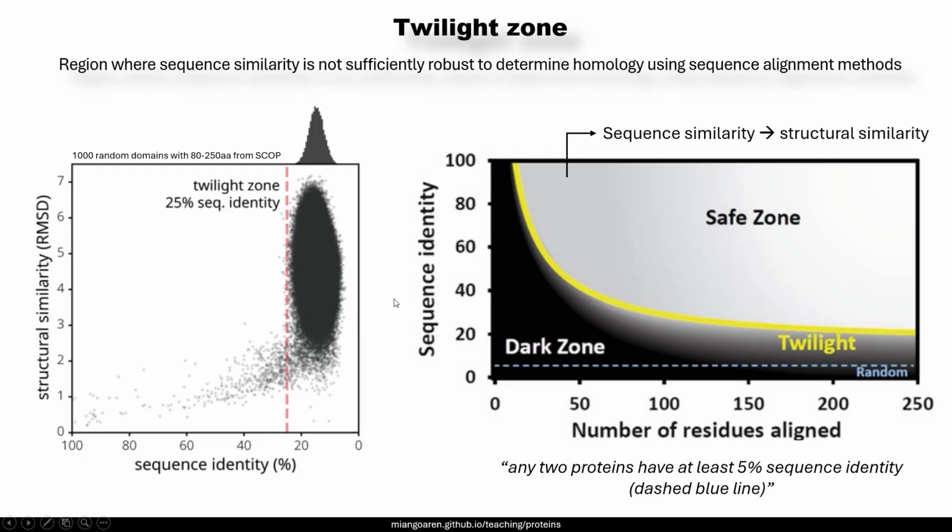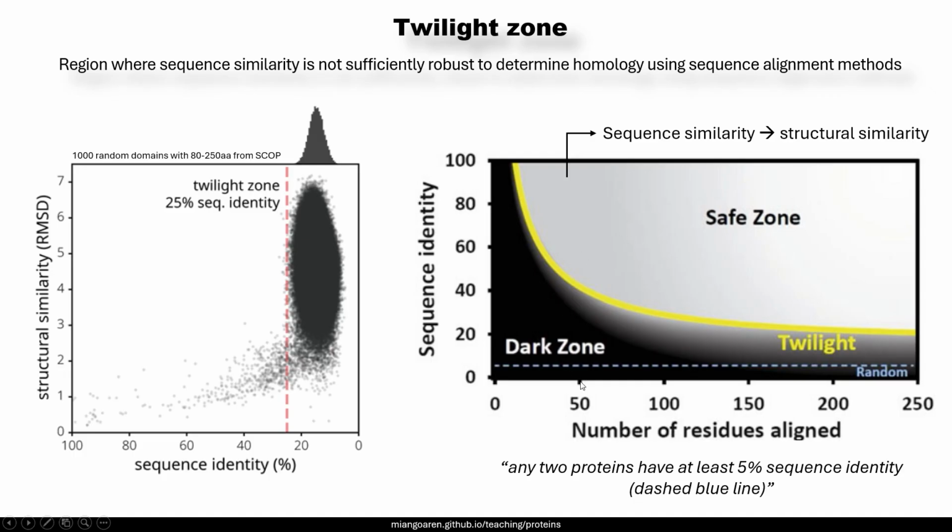Now seen in probabilistic terms, we can also evaluate this twilight zone in the number of residues that have managed to be aligned, which is precisely what we observe on the x-axis. And on the y-axis, we observe how similar two sequences are, in such a way that precisely the number of residues that we are considering also matters when evaluating whether two proteins are homologous to each other.